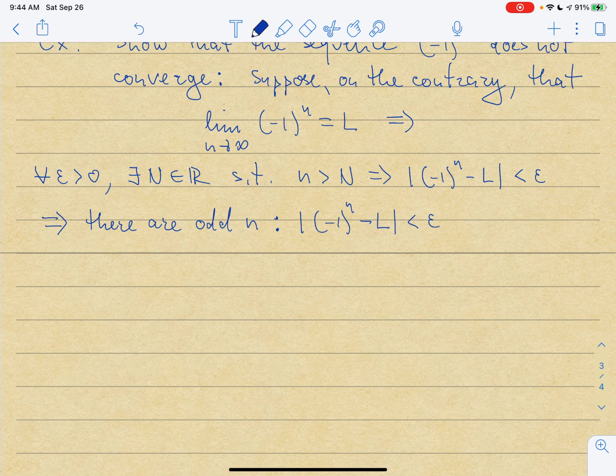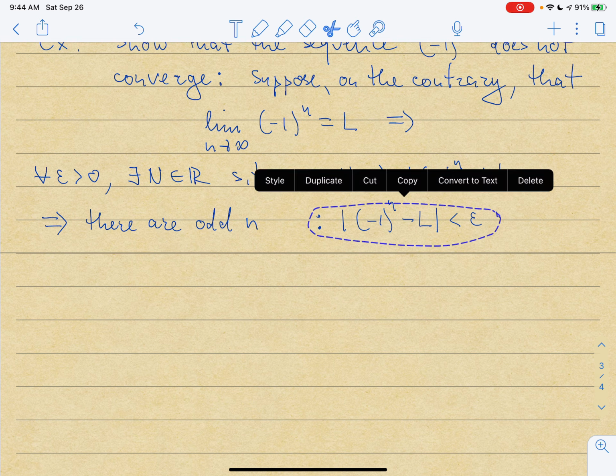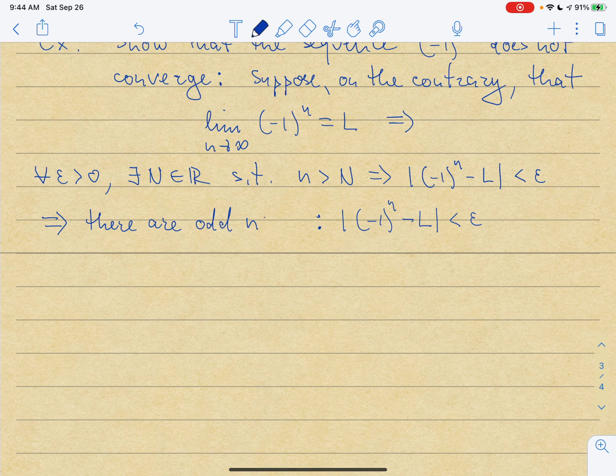Because, in fact, let me just add it here, not just odd n, but odd n greater than capital N. Because above any number I have both odd numbers and even numbers.